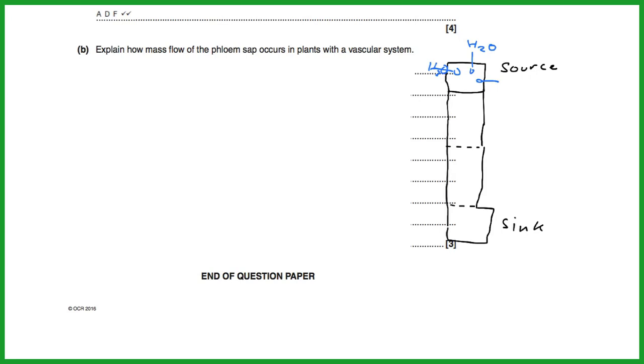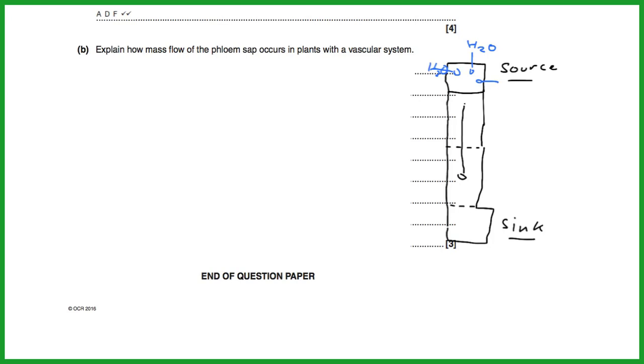Therefore, there'll be a lower hydrostatic pressure at the sink than at the source. So you've now got differences in hydrostatic pressure between the source and the sink, so the phloem sap would move by mass flow from source to sink, because you've got a higher hydrostatic pressure due to a lower osmotic potential at the source, whereas at the sink you've got a less negative osmotic potential because you've got less sugars, therefore a lower hydrostatic pressure because less water moves in.